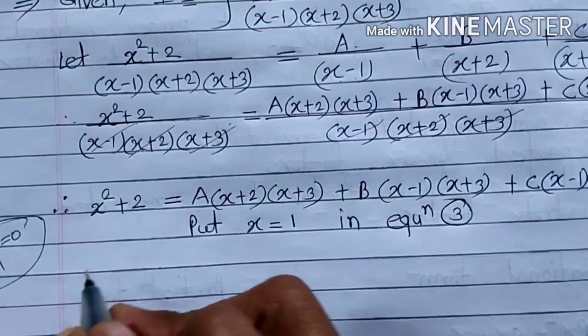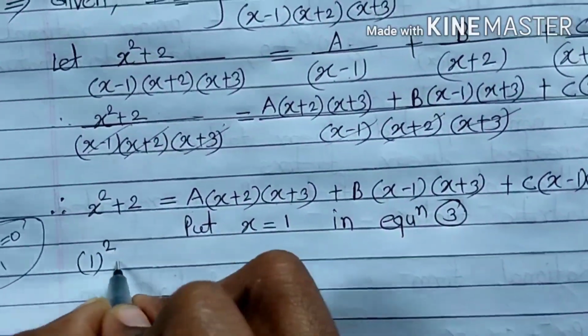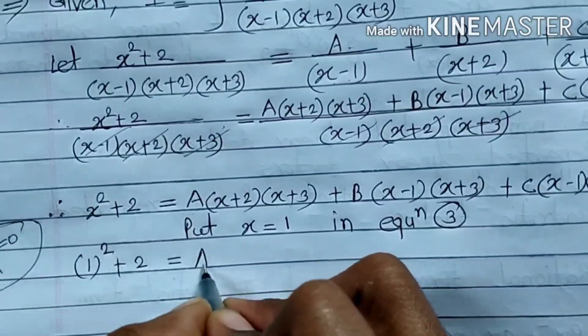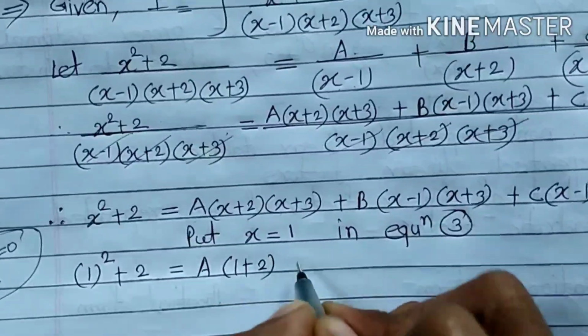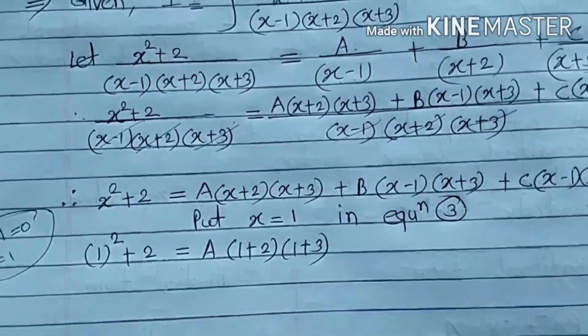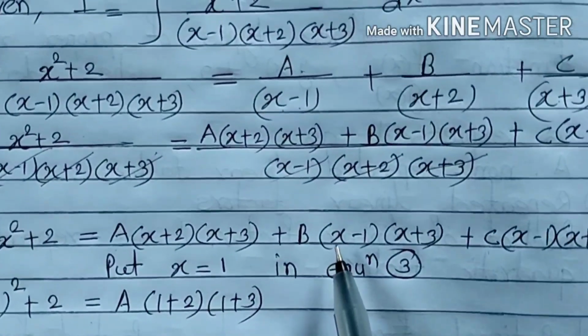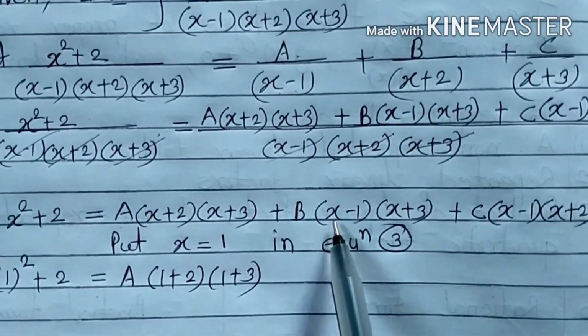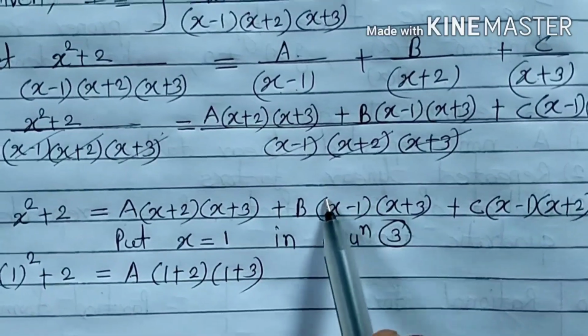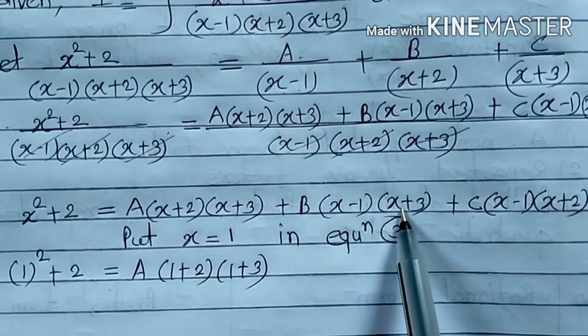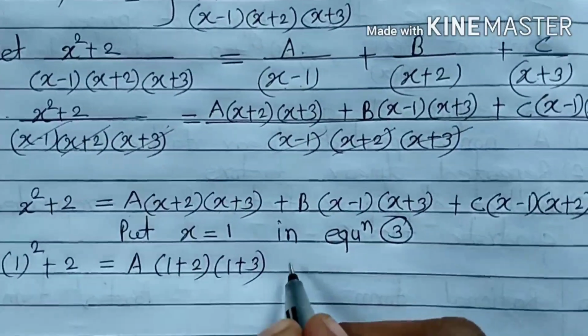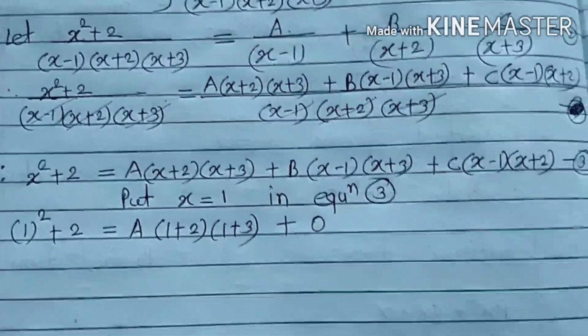So 1 squared plus 2 equals A times (1 plus 2)(1 plus 3). Now you can observe that if you put 1 instead of x, then 1 minus 1 becomes 0, so 0 times this is 0 in the B term, so we get this term as 0.